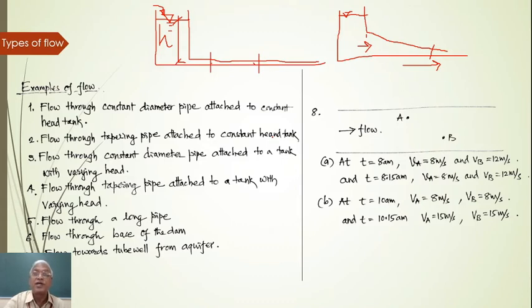With respect to time, there is no variation. The first one is a case like this, which is steady as well as uniform. This is steady but non-uniform flow.